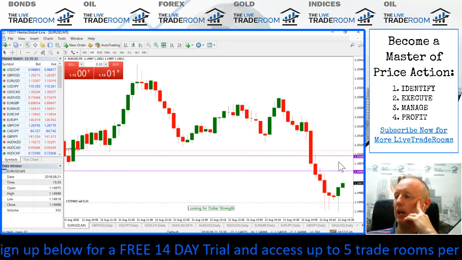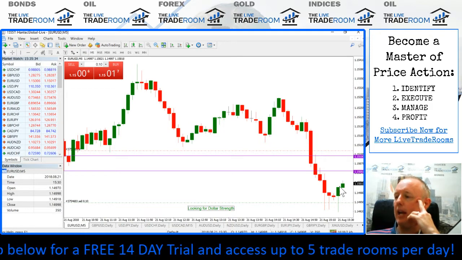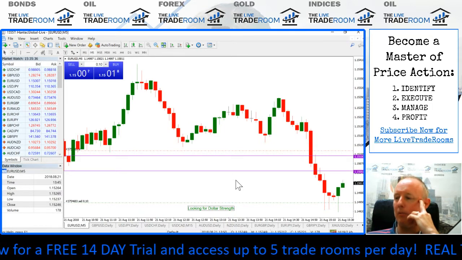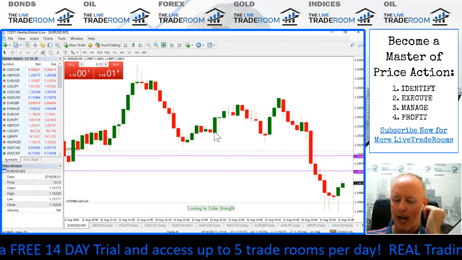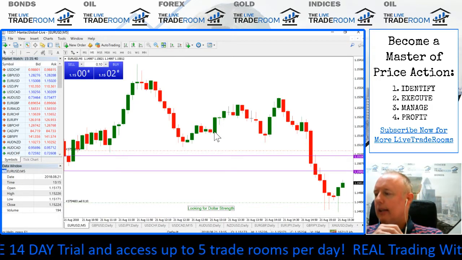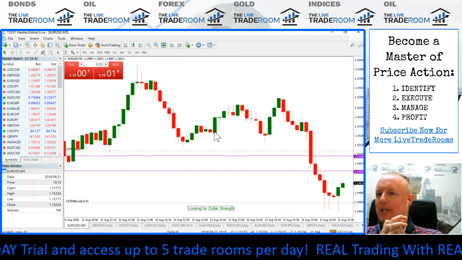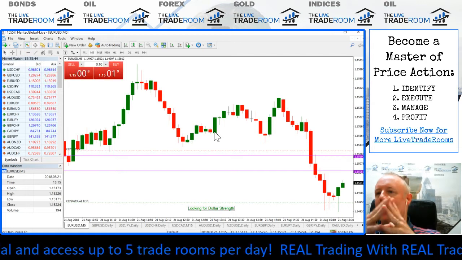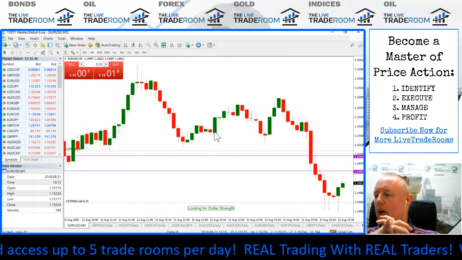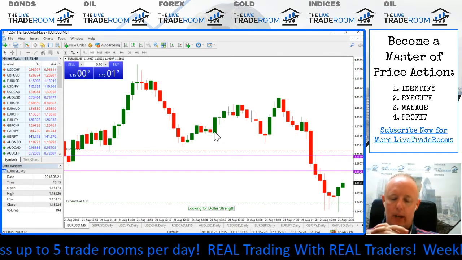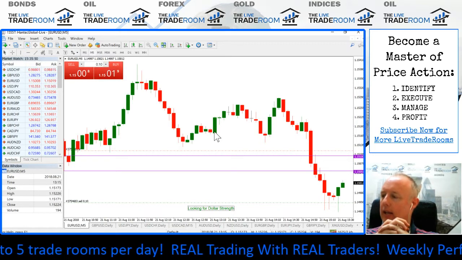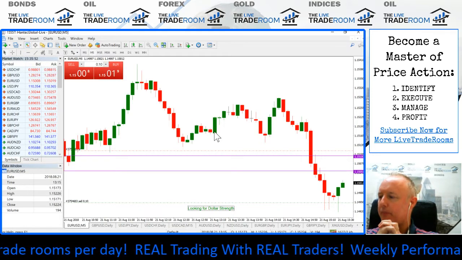I appreciate we're a little bit exposed, but if we do get a pullback, we might just be able to add to it. So that's why it's not a major problem for us to rush these entries. If we get the analysis right, we'll get the pullbacks, we'll get the opportunities to add to our trades, and trade what we see.